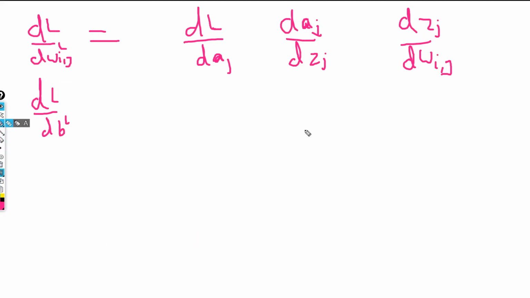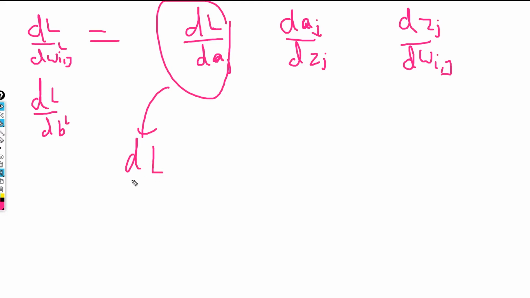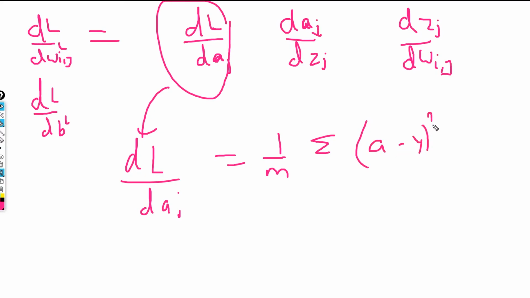Now let's move towards the first part and solve this. The loss function that we have here, dL upon dAj, is nothing but 1 upon m, where m is the total number of examples, sigma of (a minus y) whole square.